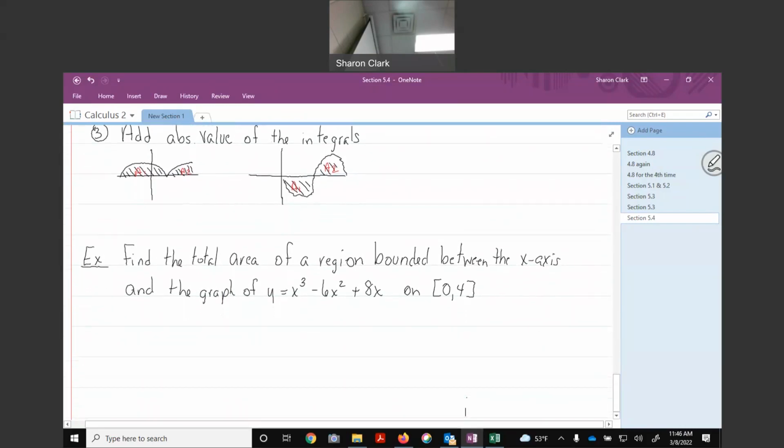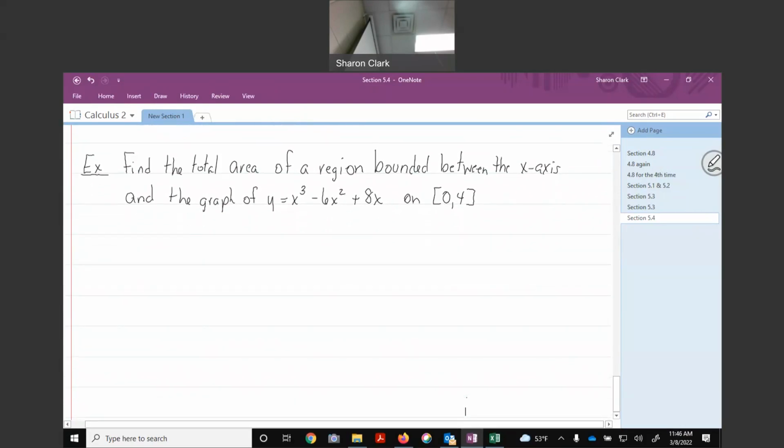Okay. So first of all, let's draw our picture. X, Y, 0, 1, 2, 3, 4. Plug in 0, we get 0. Plug in 1, we get 3. Plug in 2, we get 0. Plug in 3, we get -3. Plug in 4, we get 0. Okay.